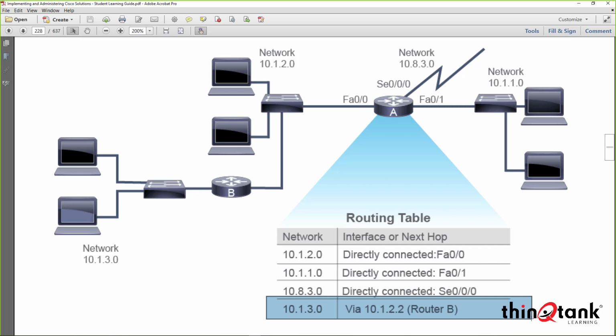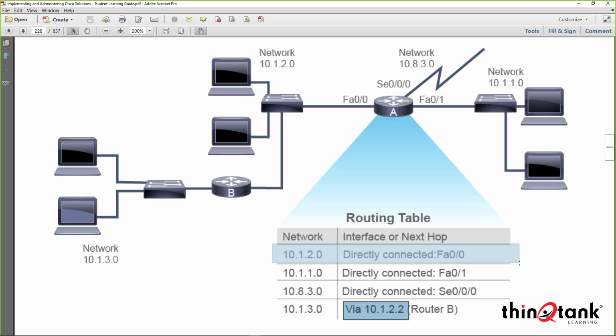I've got an OSPF route in my routing table that says, if you want to get to 10.1.3, you need to send the packet to 10.1.2.2, which is a next hop. Guess what type of route 10.1.2.2 is always going to be associated with? A connected route. The 10.1.2.0 subnet is connected.